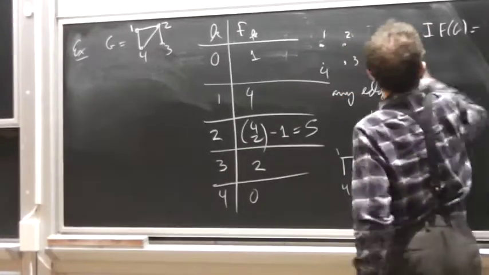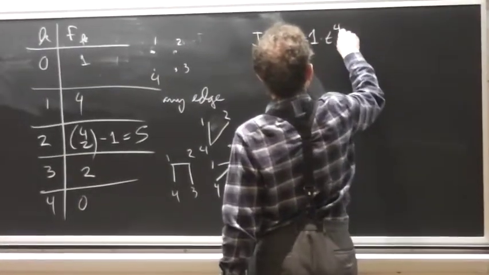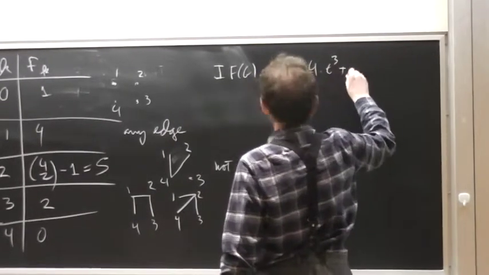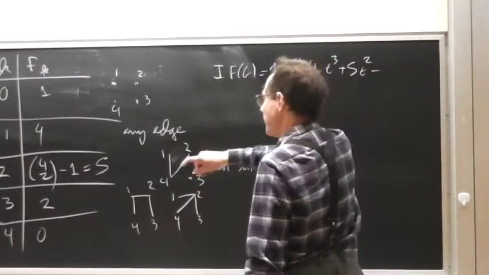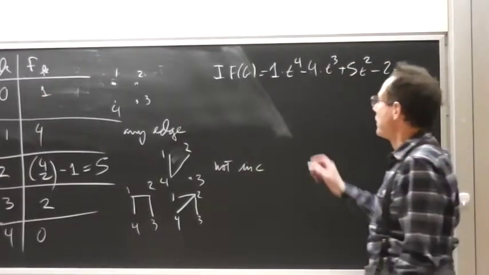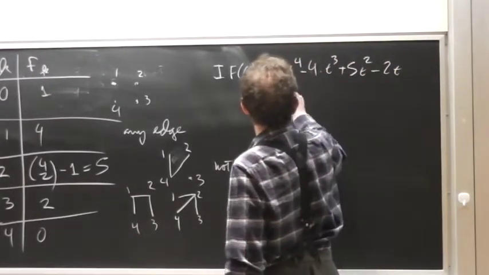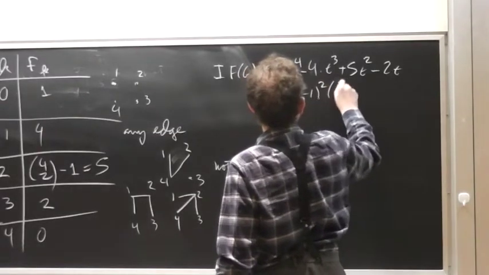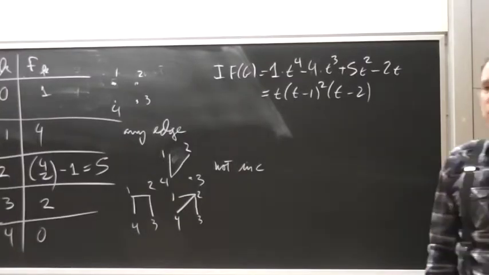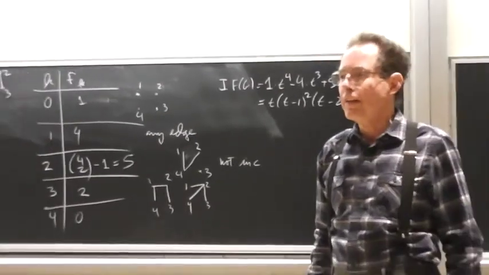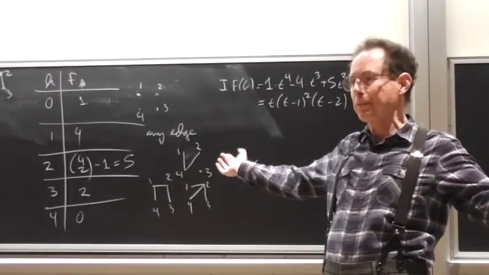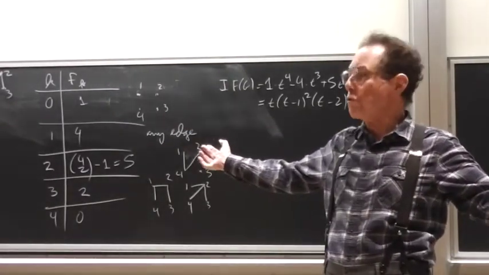It's t to the 4th minus 4 times t cubed plus 5 times t squared minus 2 times t, no constant term. If you're fast on the uptake, you can factor that as t times t minus 1 squared times t minus 2. Notice the roots are all integers. If you take an arbitrary polynomial and factor it, do you expect it to have integral roots?